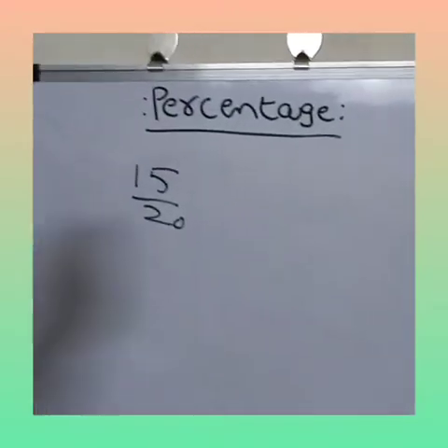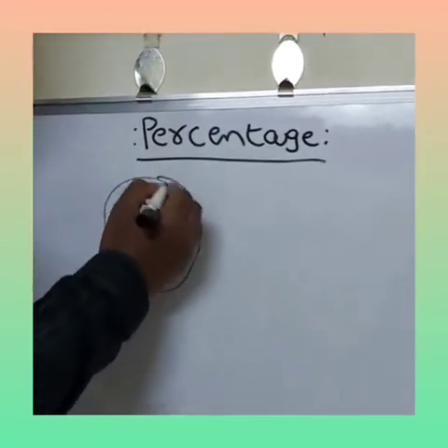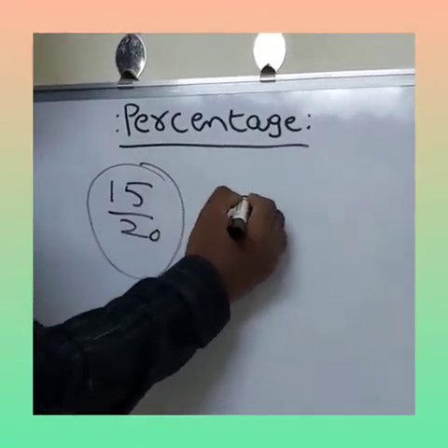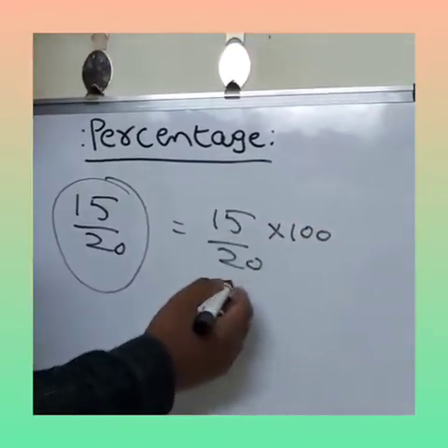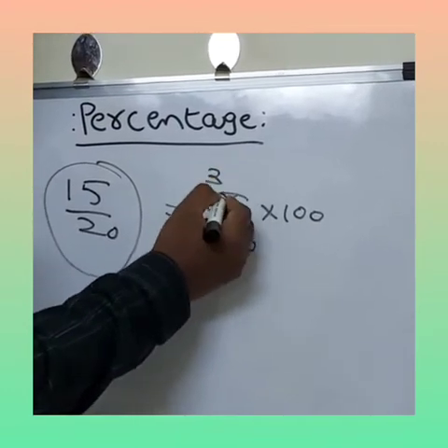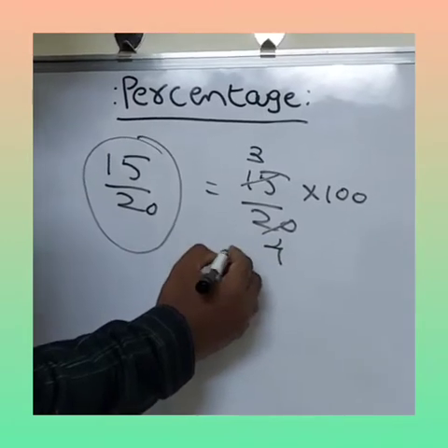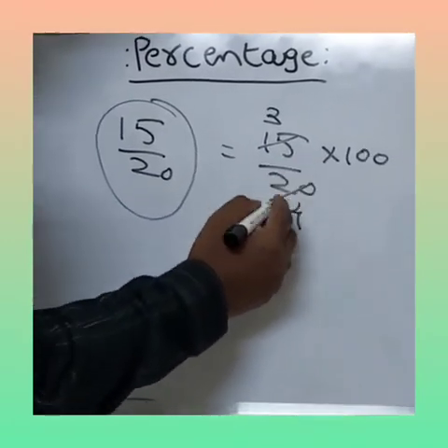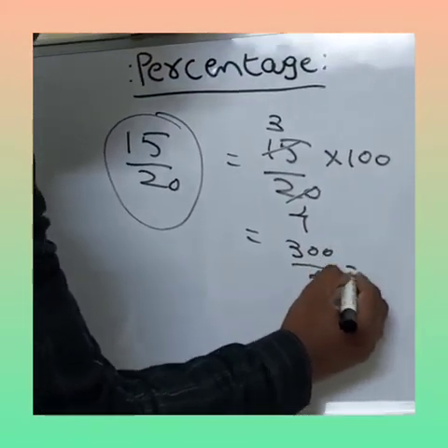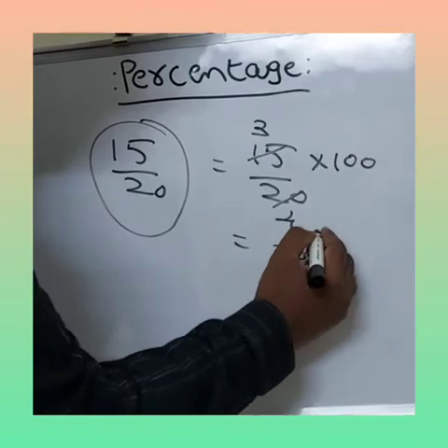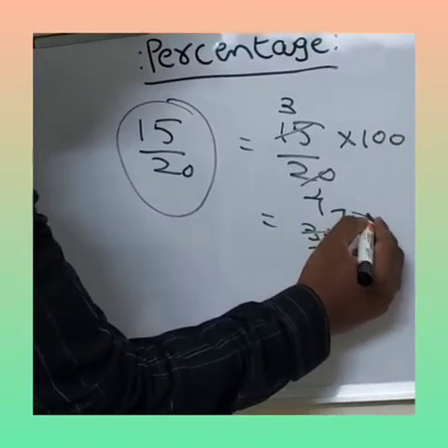If you want to convert any number to a percentage, the method is to multiply the fraction with 100. So 15 by 20 into 100. 5 threes are 15, 5 fours are 20, so we get 300 divided by 4. 4 sevens are 28, and 4 fives are 20.